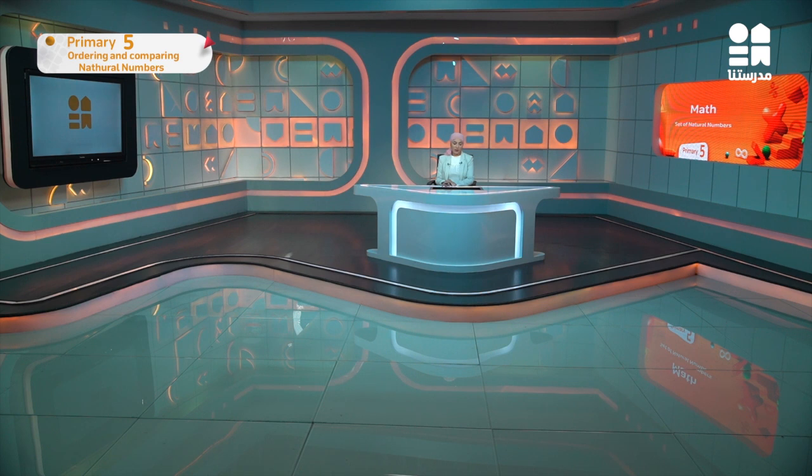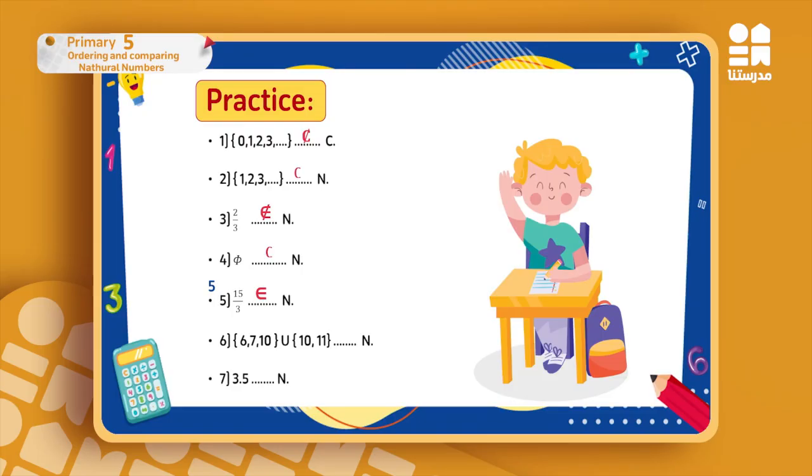Now, number 6, I have 2 sets united to each other, and I want to see the answer I get when they are united. Are they a part of N or not? So here, the set of elements 6, 7, and 10 union the set of elements 10 and 11 equals the set of elements 6, 7, 10, and 11.